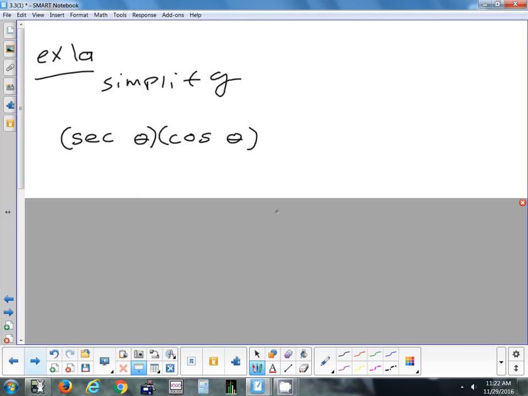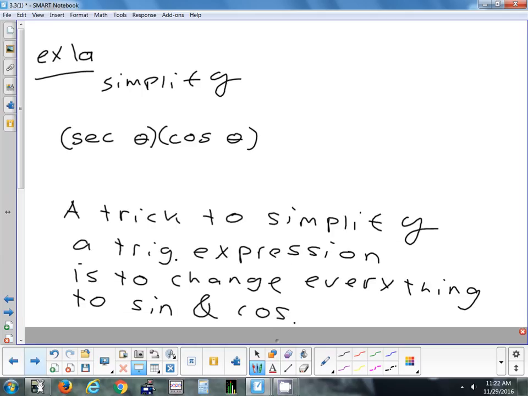To write this in a simplified way, you're going to use the identities I just showed you. And a hint that helps a lot of the time, not all the time, is to take everything that you're given that's not a sine or a cosine and turn it into a sine or a cosine. If you look back at those identities, every single trig function can be written with just sines and cosines.